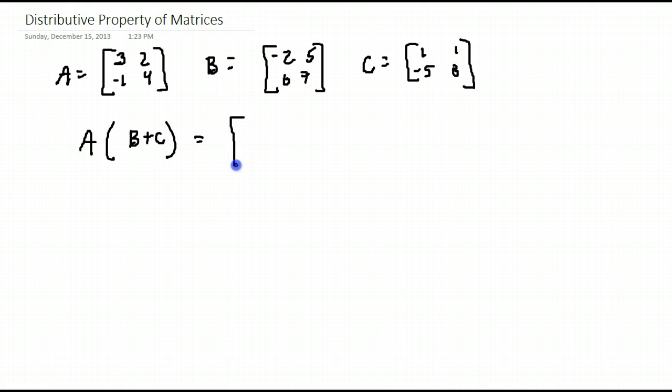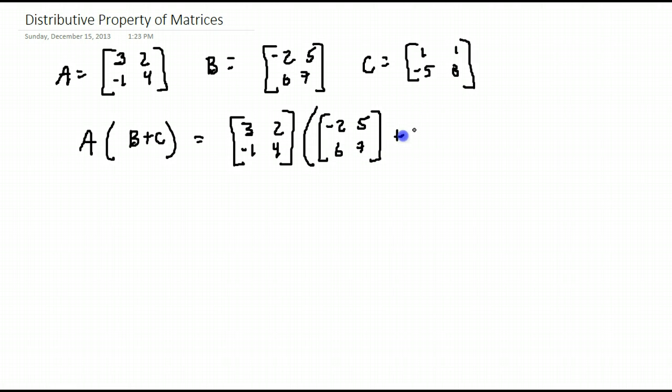We have A, first row of 3 and 2, second row of -1 and 4, and then inside of parentheses, we have matrix B, which is -2 and 5, and 6 and 7 as the second row. And to that, we need to add matrix C, which is first row of 1 and 1, second row of -5 and 3, in close parentheses. So inside the parentheses, we can add these before we multiply it to the A outside the parentheses.